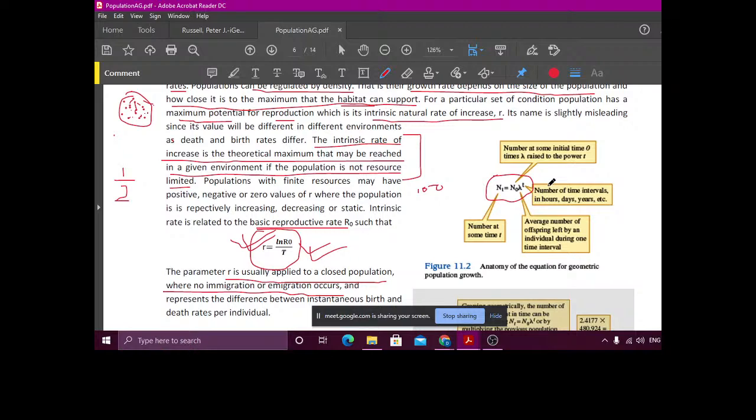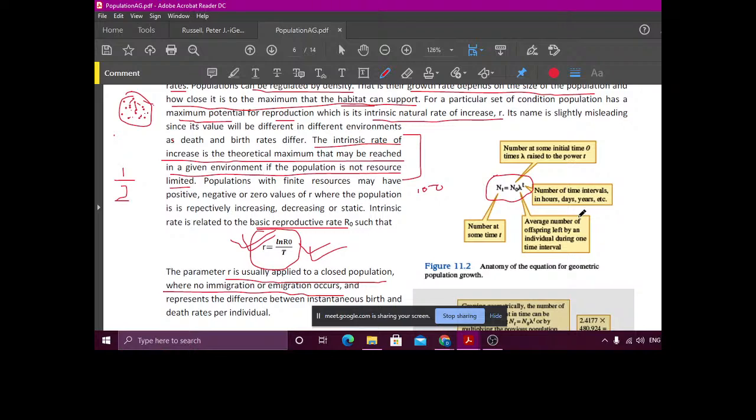N0 is the number at some initial time 0. So t is after some time, and N0 is what was present initially, that is the initial population, multiplied by lambda. Lambda is a particular value.